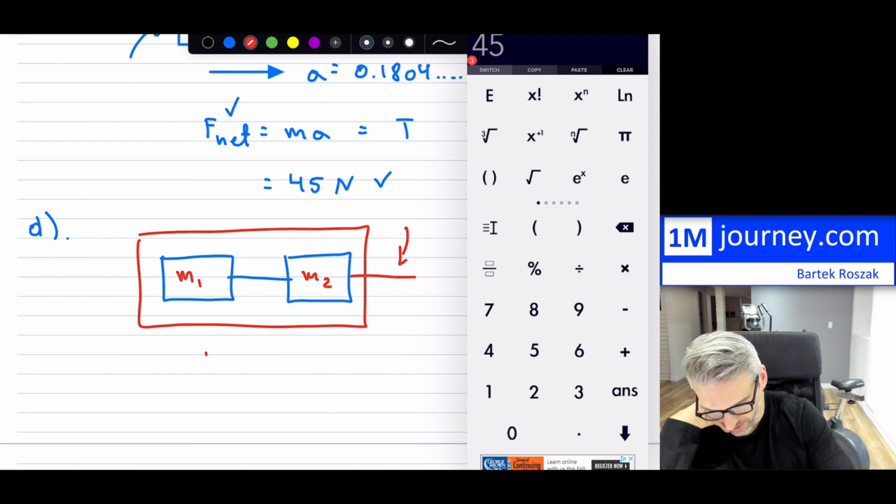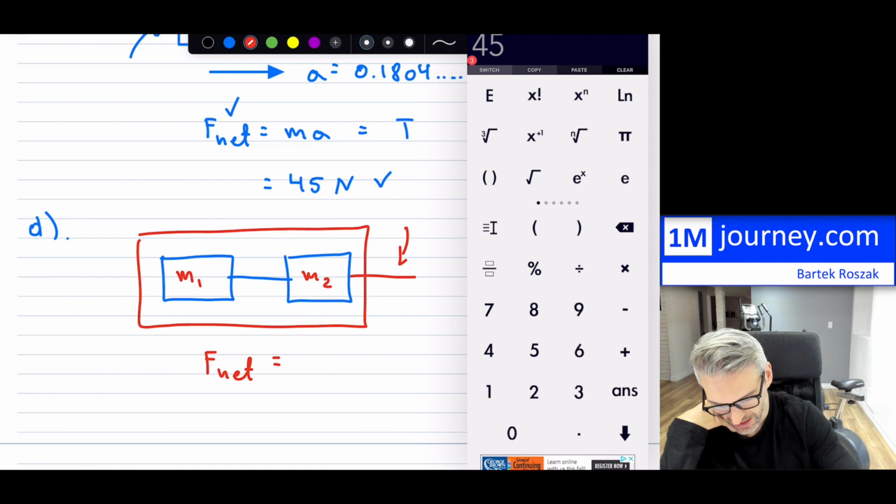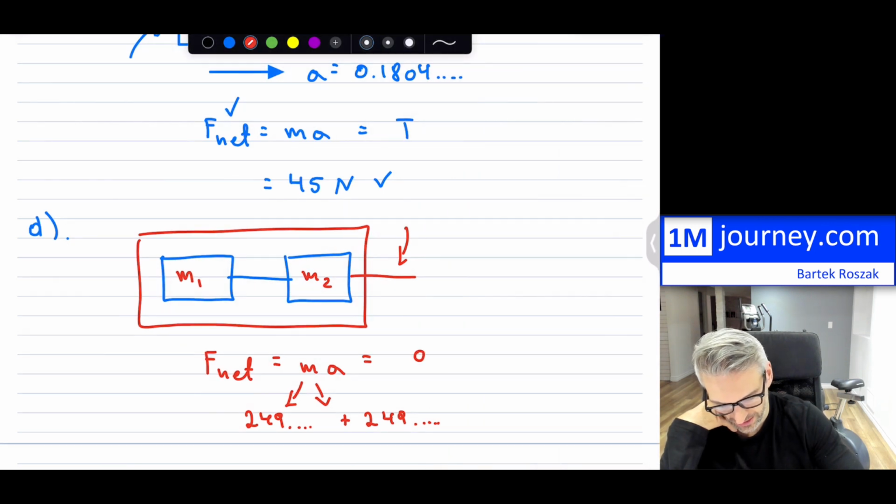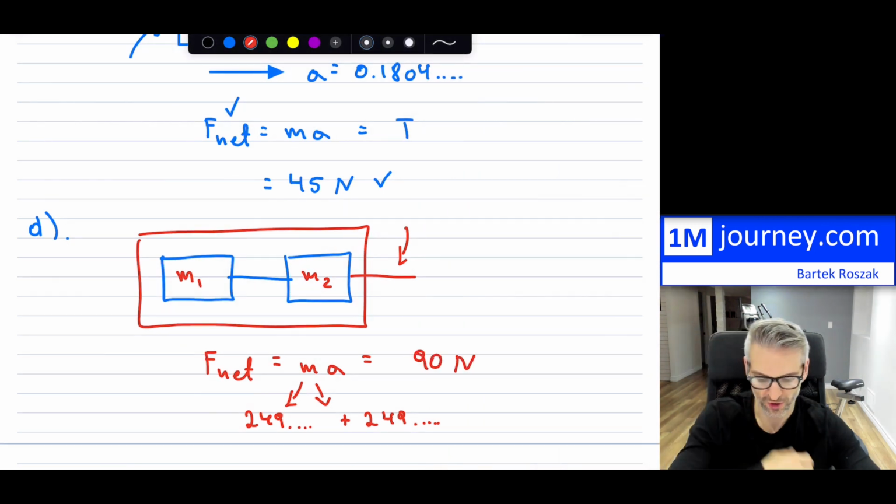You can convince yourself, but I already know, because if it takes 45 newtons for that first tension, this is the mass times acceleration. Keep in mind you're adding the two masses, so 249 point whatever that was, plus the other 249 point whatever, and then multiply by acceleration, and you'll see that you get 90 newtons overall.